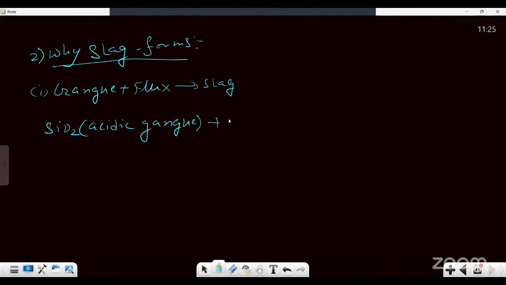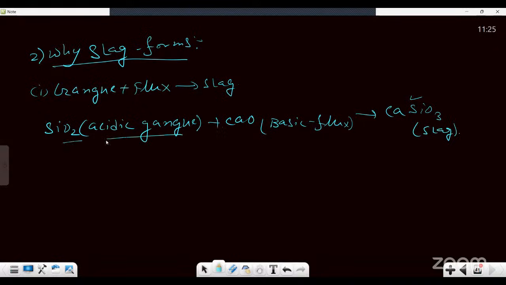If I add CaO, which is a basic flux, CaO will fix this and it will become CaSiO3, which is the slag form, calcium silicate. So this is how you have trapped the SiO2, the acidic gangue, by adding CaO, the basic flux. Calcium silicate goes into the slag phase.